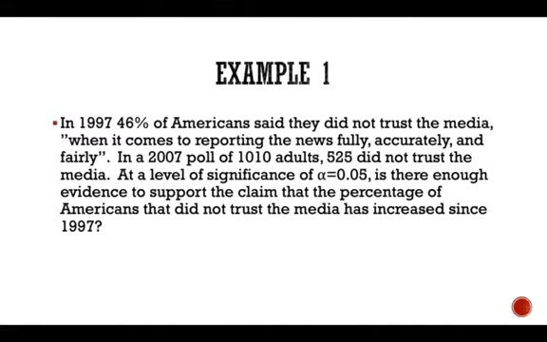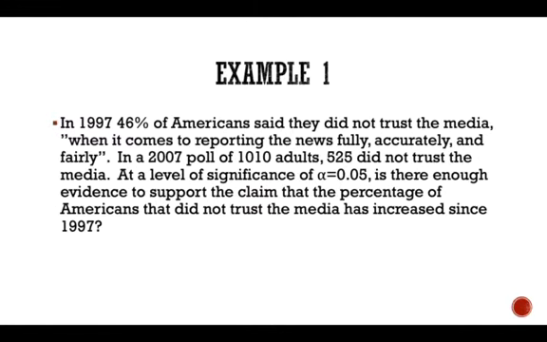At an alpha value of 0.05, is there enough evidence to support the claim that the distrust in the media has increased? Now, if the alpha value here is not given, for this course we're going to assume it's 0.05. But I'm going to try to make sure that I supply that each time. But if you don't see it, assume it's that 5%.